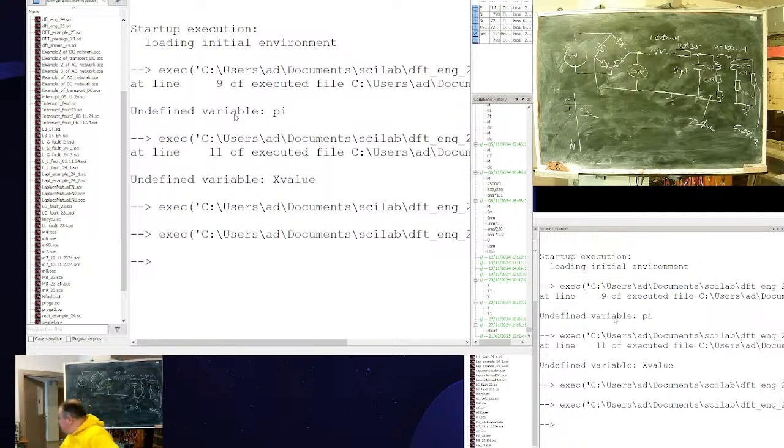Let's get it on a scope. 14.1, yeah? What is at the cross point?